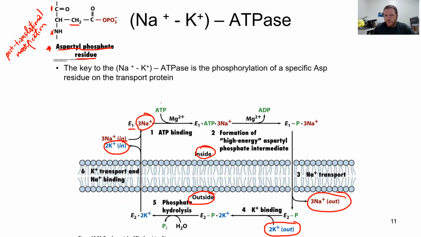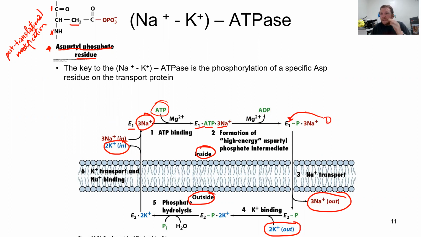That is bound to our 3 sodium ions. What that is going to do is bind ATP. Whenever E1, the initial form that our enzyme is in, has bound ATP, it's also bound 3 sodium ions. Now, what it's going to do at this point in time is transfer one of those phosphates from ATP onto itself, onto an aspartic acid, which is single letter code D, on E1.